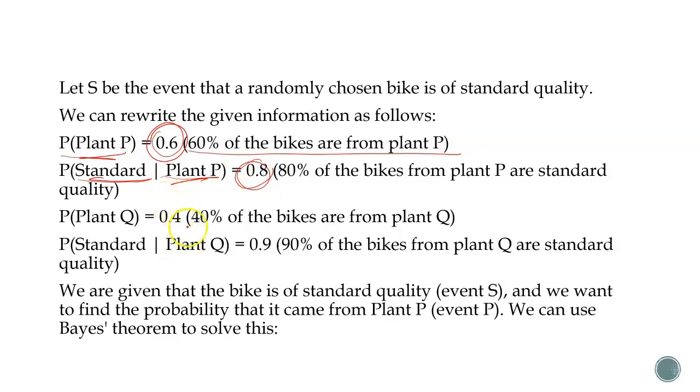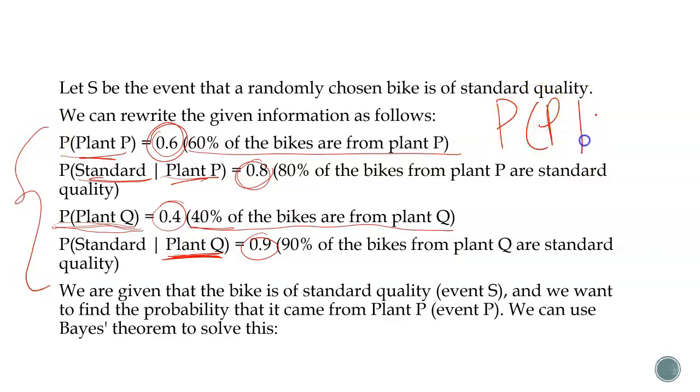We have the probability of the bike coming from plant Q to be 0.4, which is the same as 40%, and 0.9 to be the probability that it's of standard quality, given that it is coming from plant Q. So based on this information, we've been asked to find P given S.